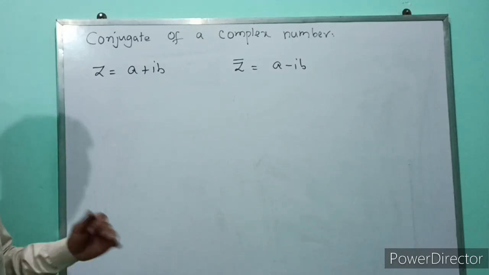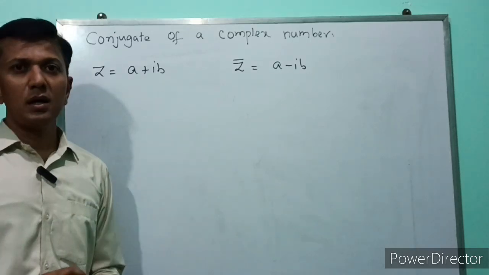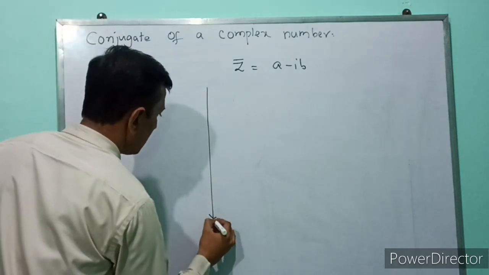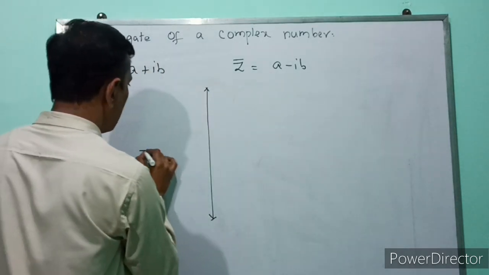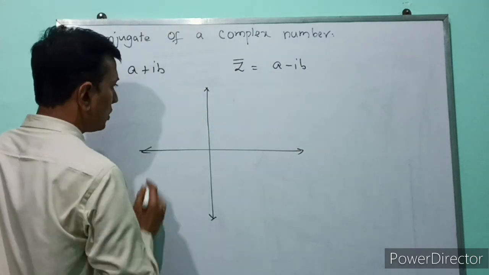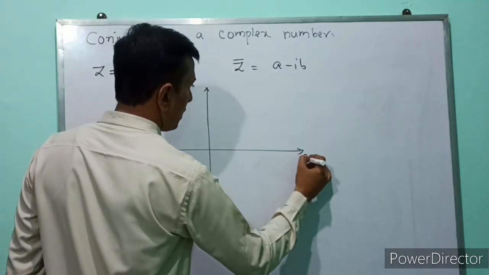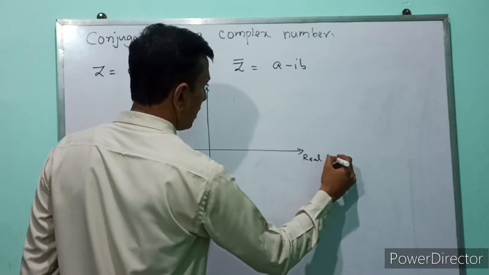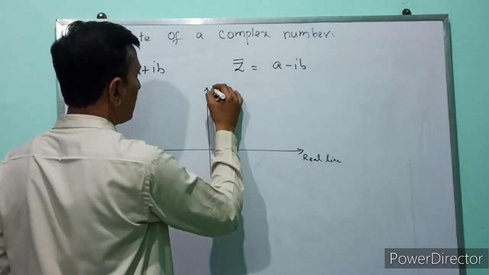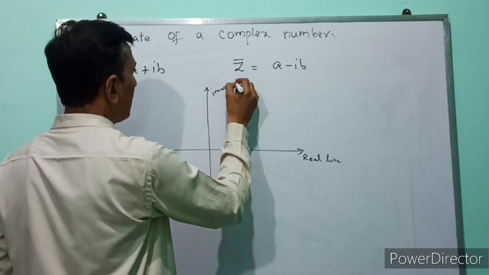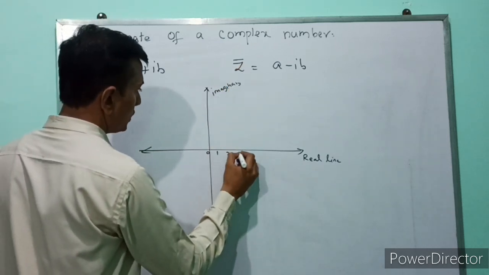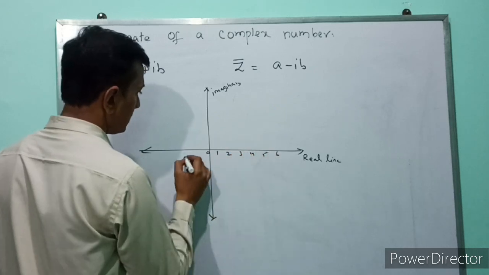So if you apply this idea to the complex plane or Argand plane, this is going to be the Argand plane. So we'll have the real line, here the imaginary line. So we'll be supplied with some values 1, 2, 3, 4, 5, 6.